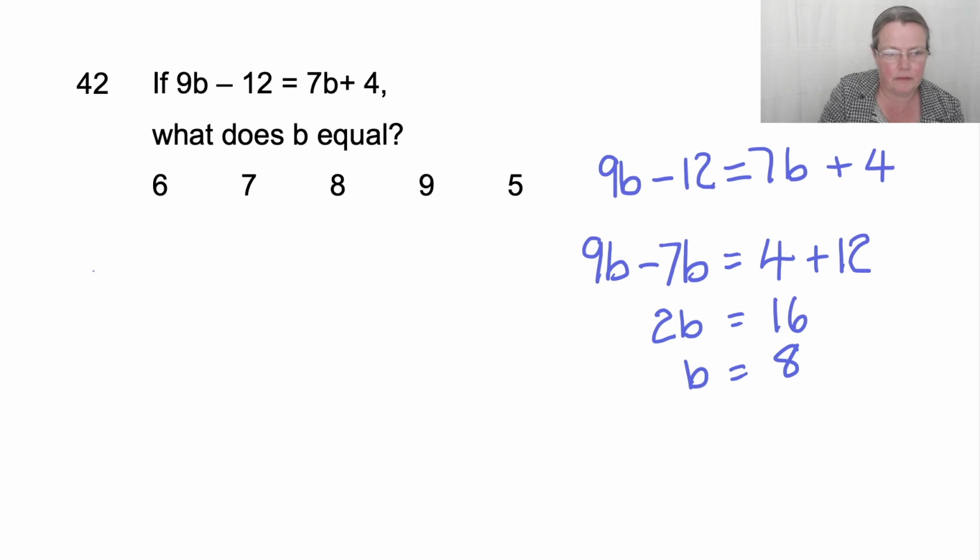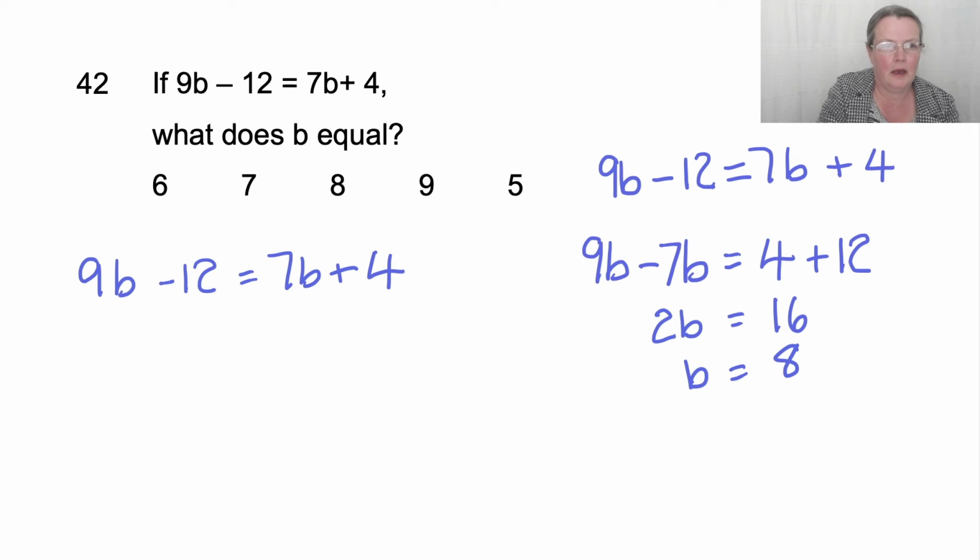So 9 times 6 is 54. Take away 12 is 42. 7 times 6 is 42 plus 4 is 46.